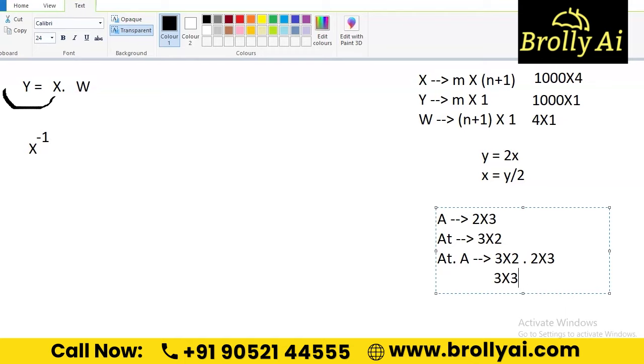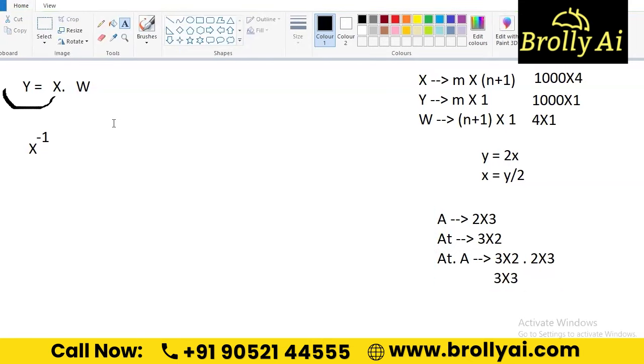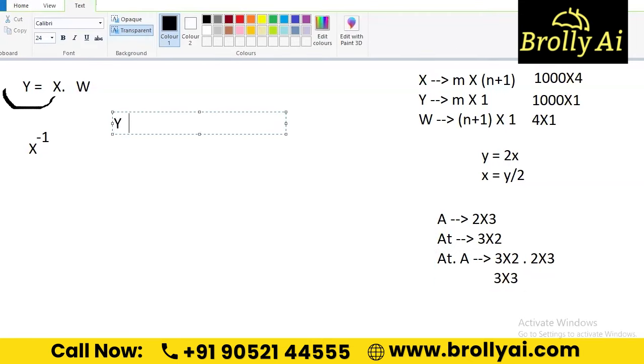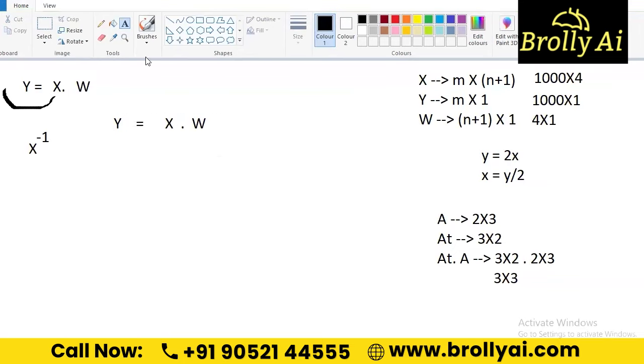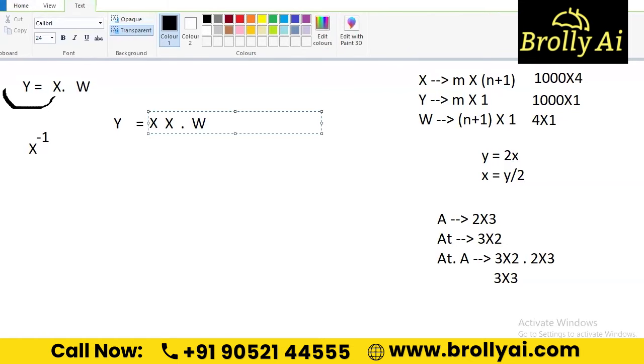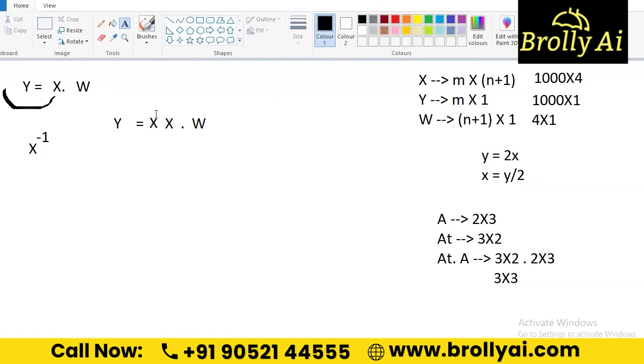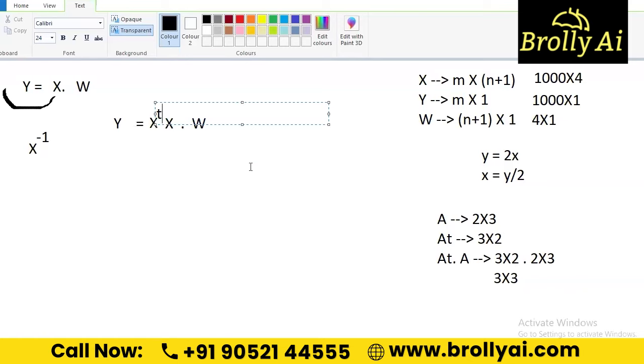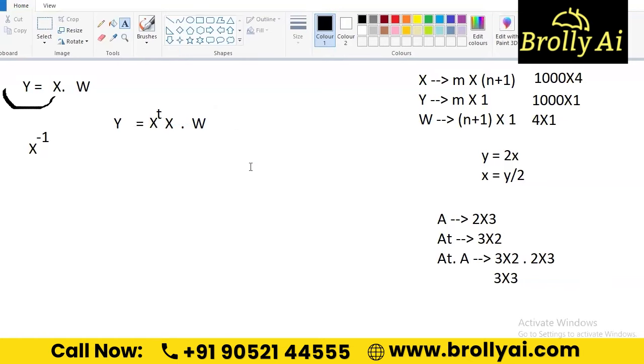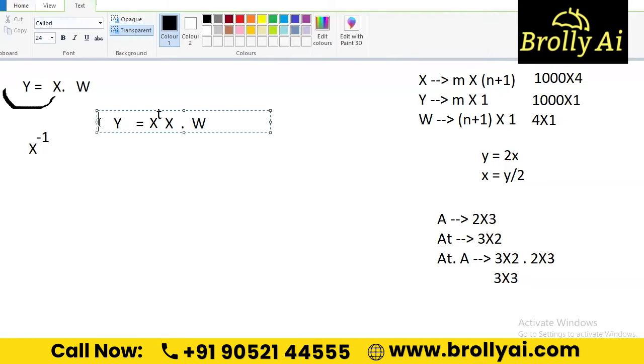So that's why here, we are doing a small modification. Our equation is Y equal to X dot W. On both sides, I will multiply with the transpose, let's say X T for transpose. On the right side I multiply, and to balance this, on the left side also I am multiplying.